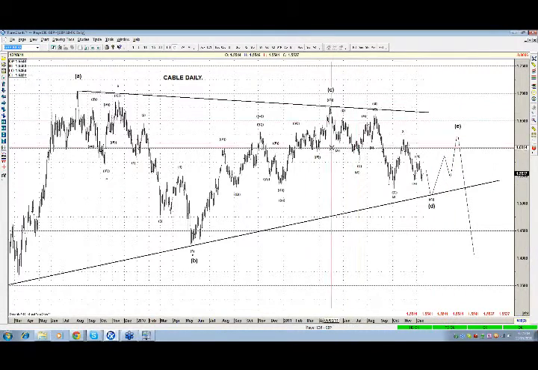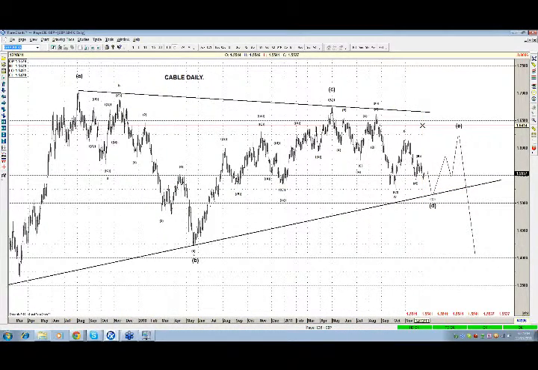I mean, technically, all I say is this. The way I look at it is like this. The downside, I believe, or the upside in the dollar, in my view, short term is limited. Maybe one more high in the dollar. That's all I see.